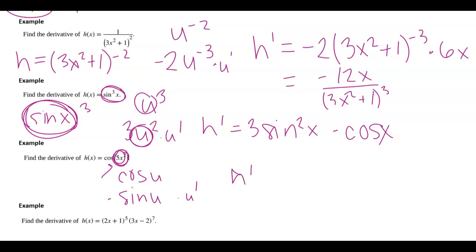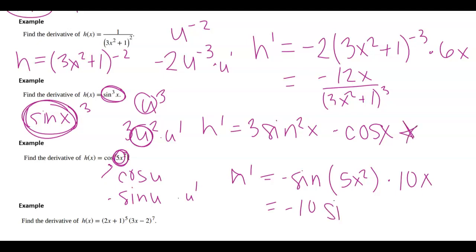So h prime in this case would be negative sine of that inside times the derivative of the inside. And I could clean this up if I wanted to. This one I didn't really need to clean up a whole lot, but this one right here, negative 10x sine of 5x squared, if I wanted to pull that together.